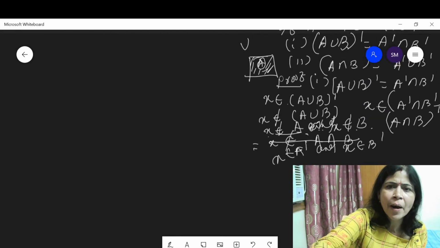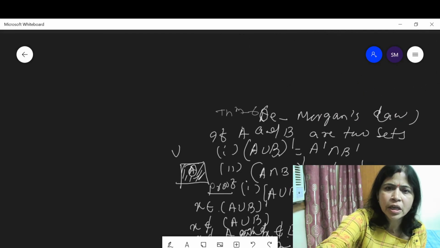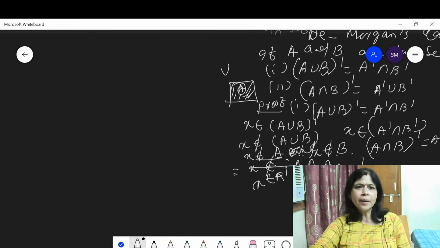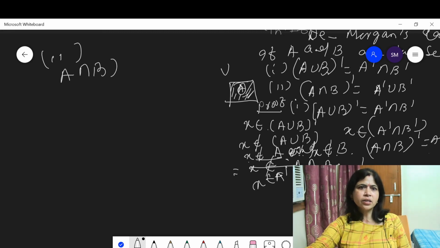The second part of De Morgan's law says that we have to prove A intersection B dash is equal to A dash union B dash.